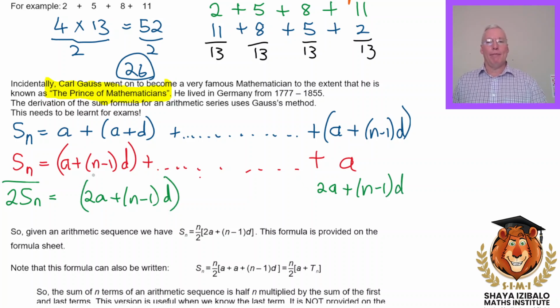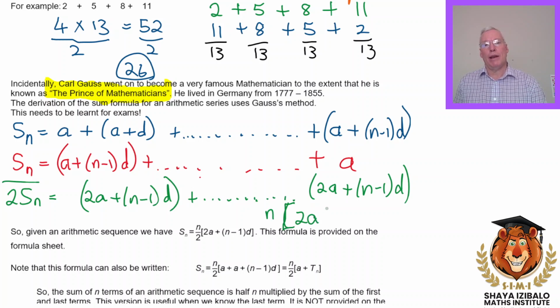That's that sum. That's that sum. Now, altogether, there are going to be n of them. So instead of adding and adding and adding, 2Sn will be n lots of 2a plus n minus 1 lots of d.